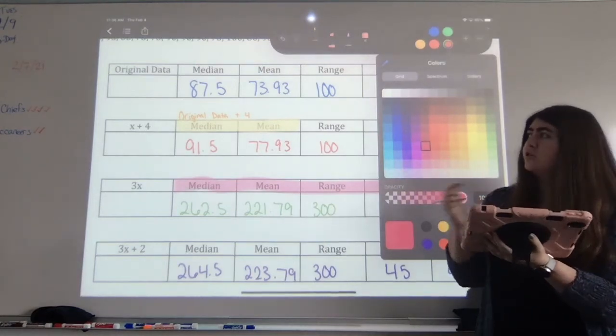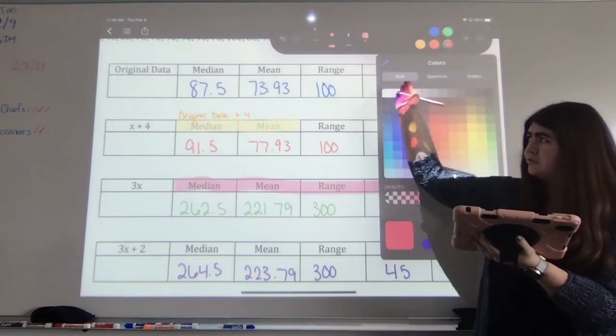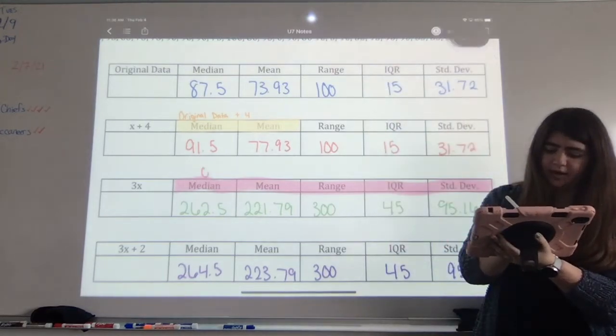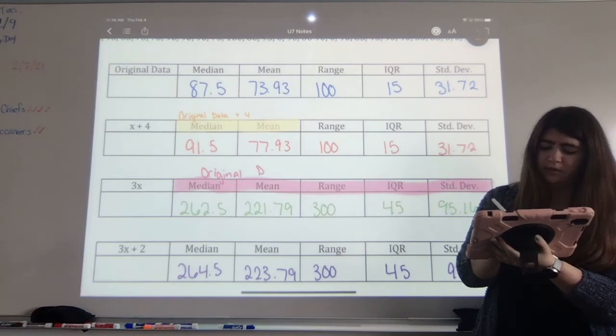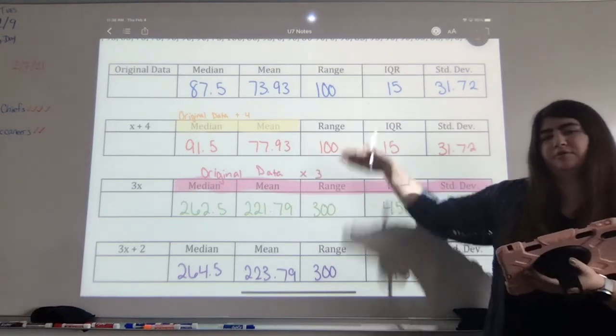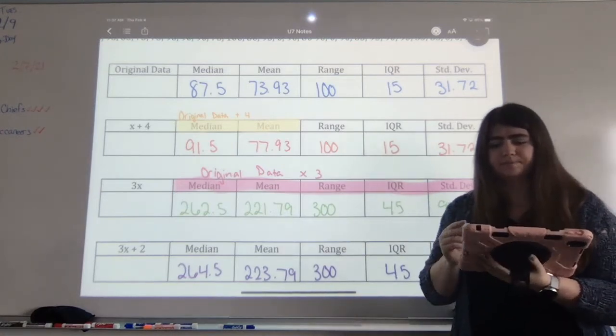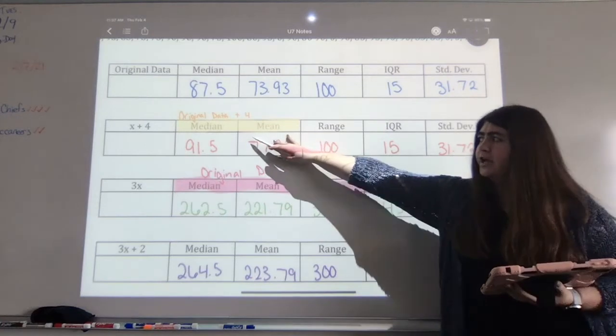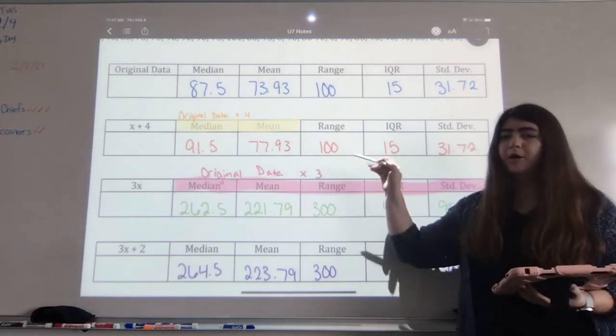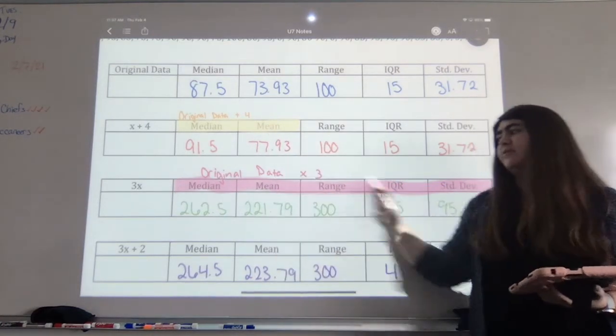So to find those pieces, you take the values from the original data set and you multiply them by 3. So it's the original data times 3, or those values from the original data to be specific. All right, so we added and changed median and the mean. We multiplied and changed all of the pieces.